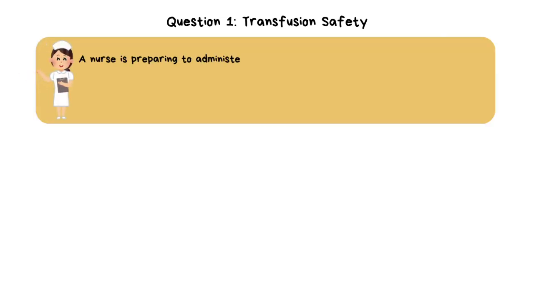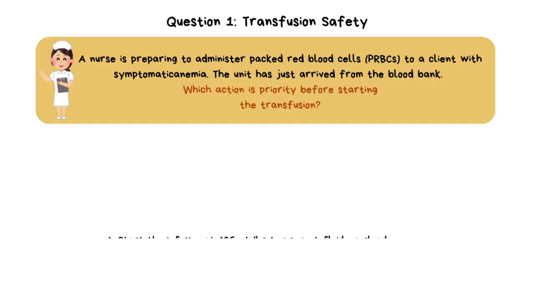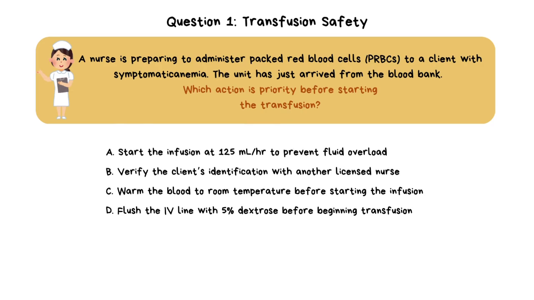A nurse is preparing to administer packed red blood cells to a client with symptomatic anemia. The unit has just arrived from the blood bank. Which action is the priority before starting the transfusion? Option A. Start the infusion at 125 milliliters per hour to prevent fluid overload.